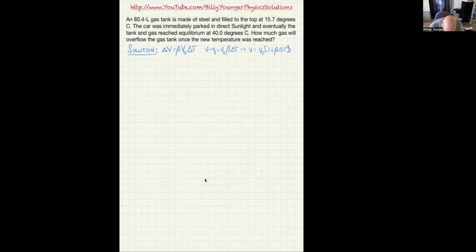The other thing we'll need to know is that when the car starts to heat up, the gas in the car is going to get hotter, as well as the gas tank itself, up to 40.0 degrees Celsius.